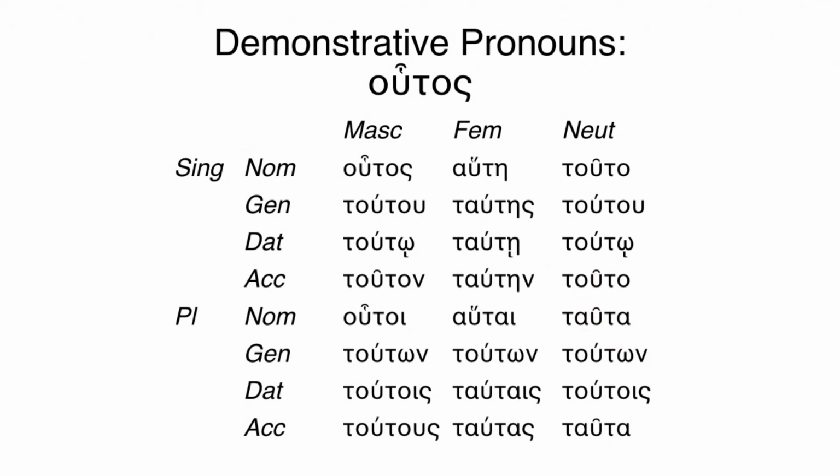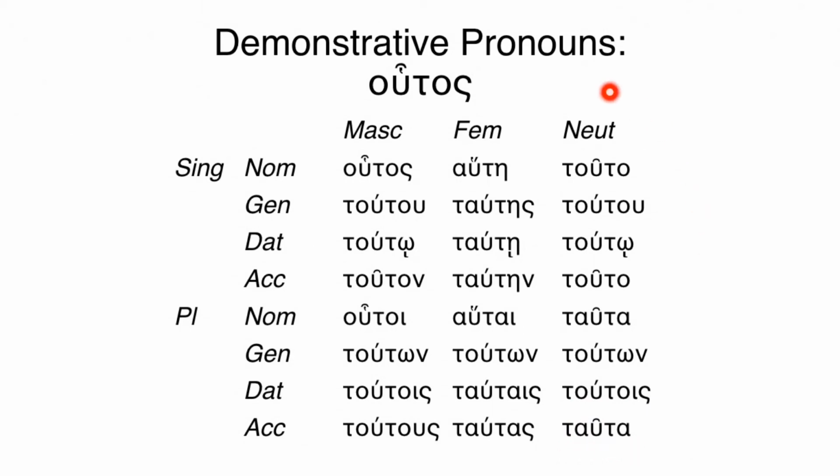With that said, let's look through them. The nominative singular form for the neuter of houtos is touto, then tutu, tuto, touto, tauta, tuton, tutois, and tauta.